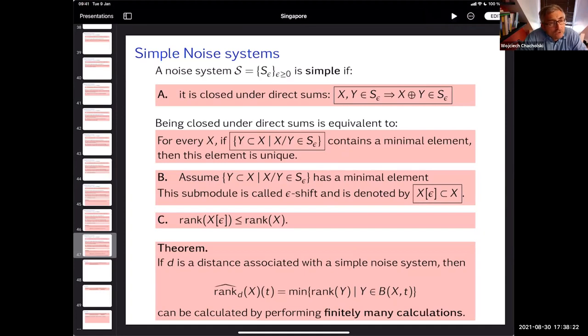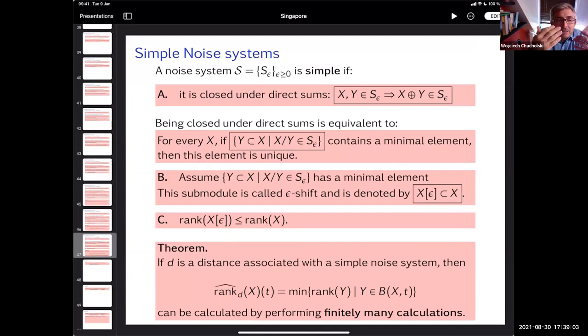What's interesting is that for one-parameter persistence, rank is monotonic, which means that if X is a submodule of Y, the rank of X cannot be bigger than the rank of Y. Now, for two-parameter persistence, this is not the case. A submodule can have a huge rank. There are huge rank submodules of a free module. But the highest syzygy is monotonic. If X is a submodule of Y, then the highest syzygy of X cannot be bigger than the highest syzygy of Y.